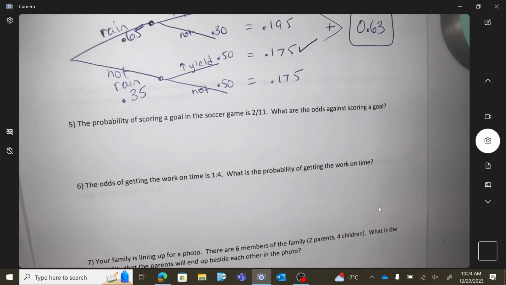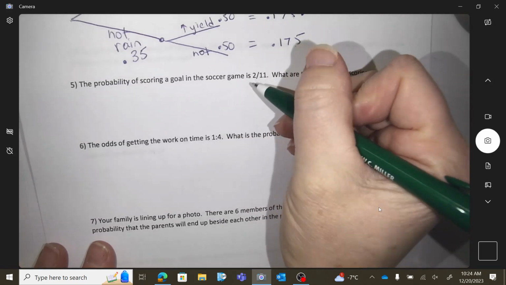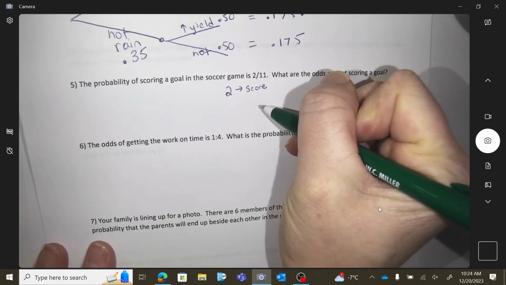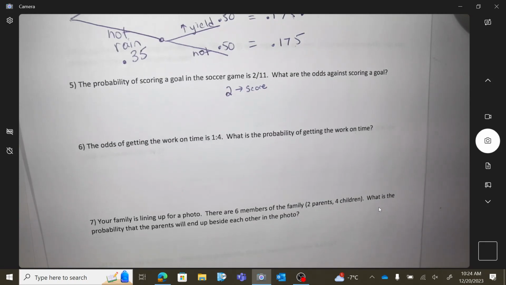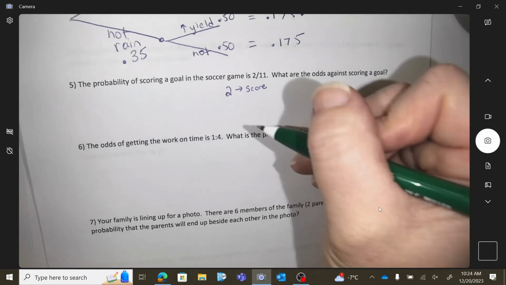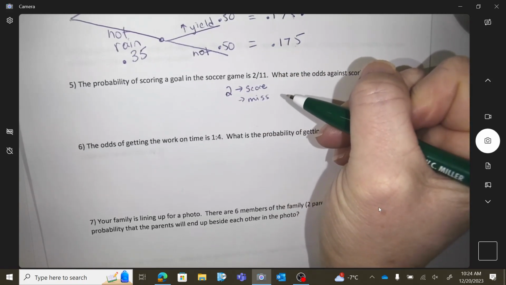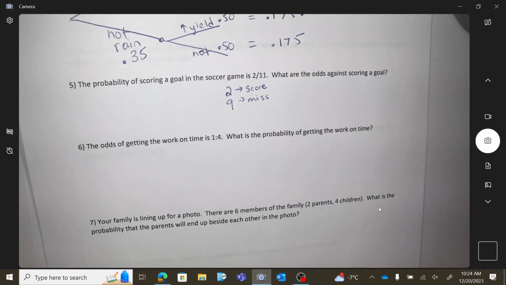Okay, the probability of scoring a goal is 2 out of 11. So 2 times you would score, right? 2 times you score out of 11 shots. So how many shots would you miss? Right? The 11 is the total. So you either make it or you miss it, right?